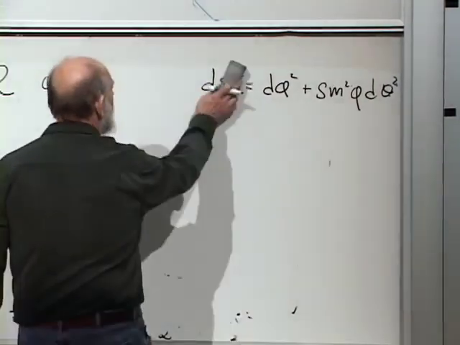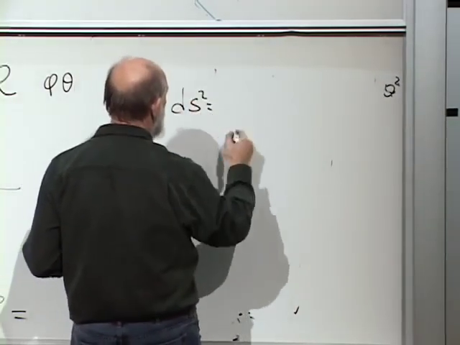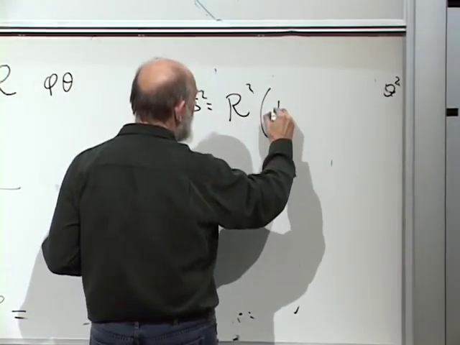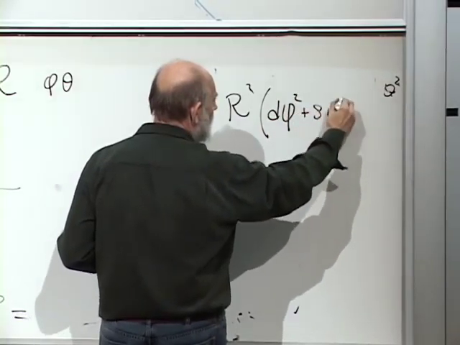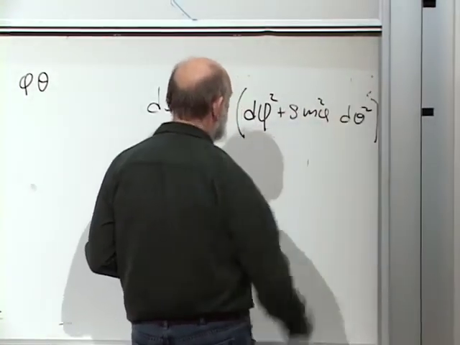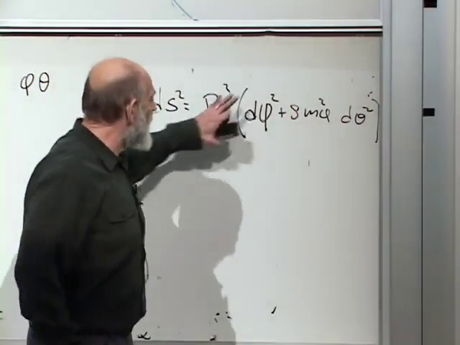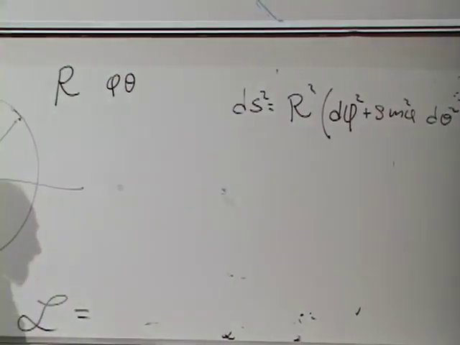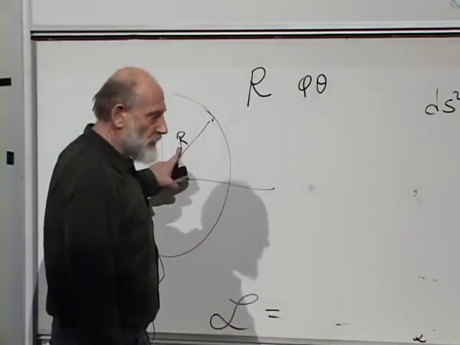So it just becomes r squared times d phi squared plus sine of phi squared d theta squared. Yeah, you're right. This is the metric on the sphere itself. All right, so that's the metric between points on a sphere of radius r.